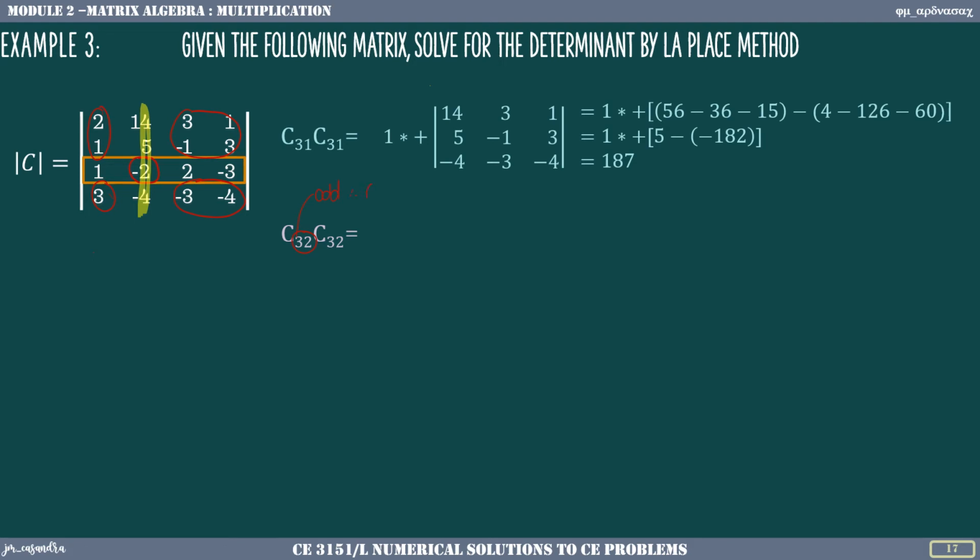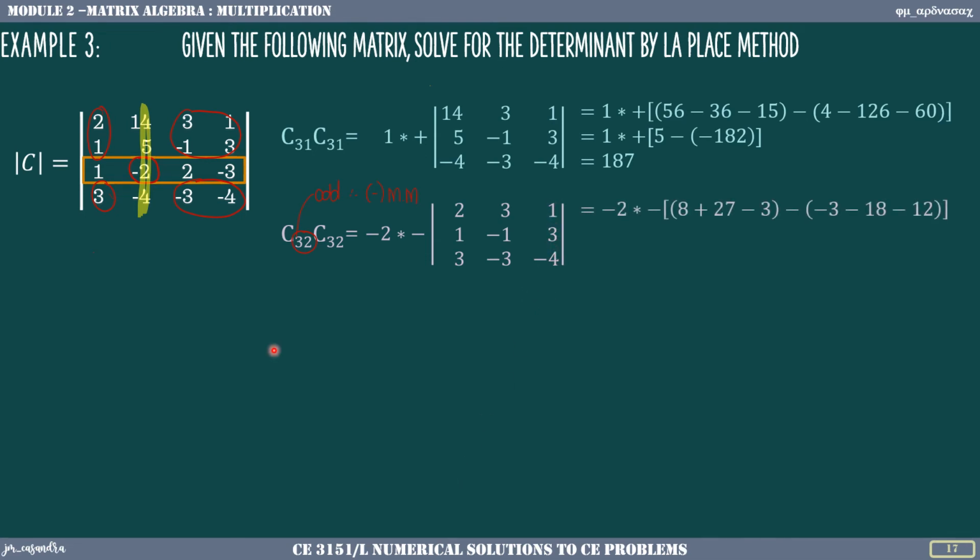So therefore, we have a negative minor matrix, where the cofactor is a negative value. So with that, we'll have now negative 2 times negative the matrix 2, 1, 3, 3, 1, negative 1, negative 3, 1, and negative 4.